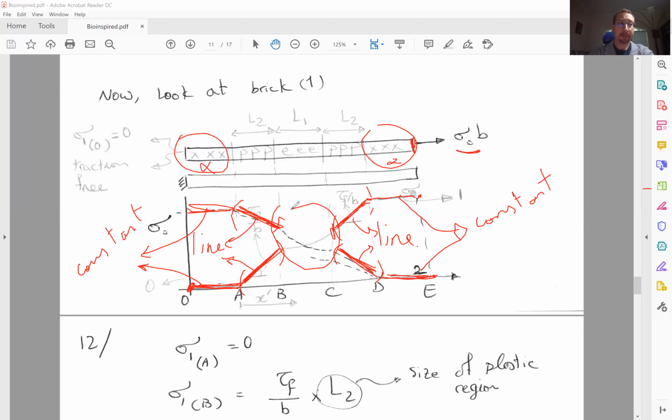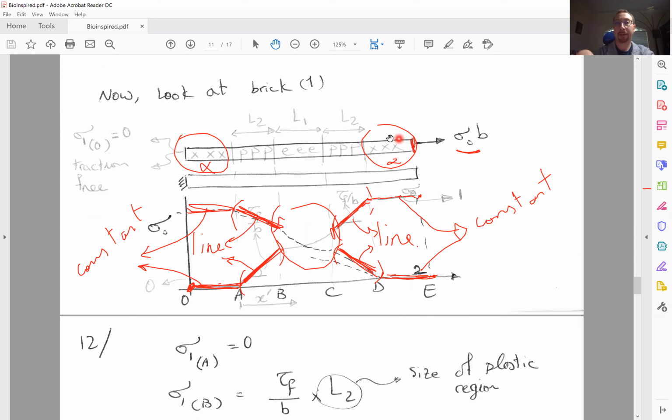I'm going to highlight a few things in this slide, which I'm going to come back to later. One is that I'm calling the length of the elastic region L1, and the length of the plastic region on each side L2.